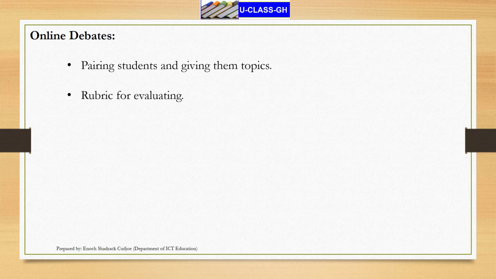The next one is you have to create a rubric for the debate. For every stage of the argument, you have a rubric that is going to be used to evaluate the debate. The next one is you, the instructor, have to moderate the debate.